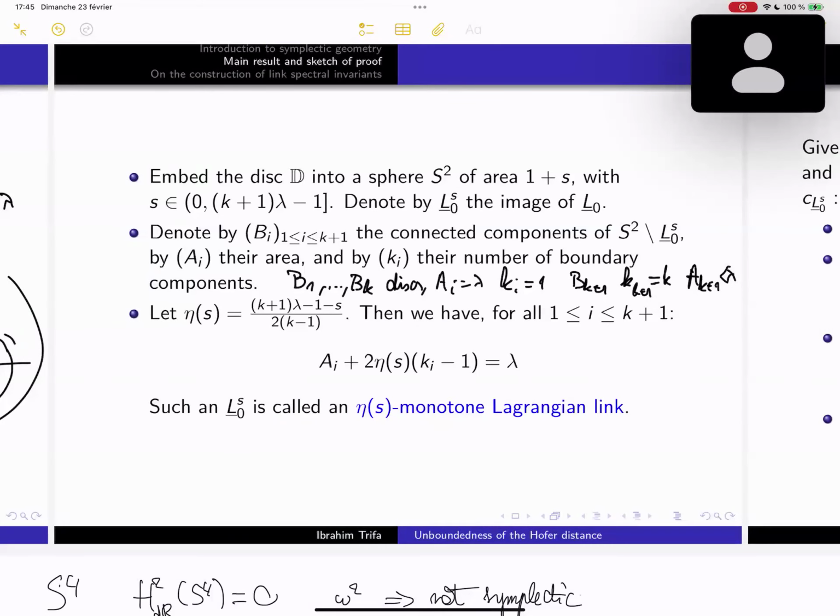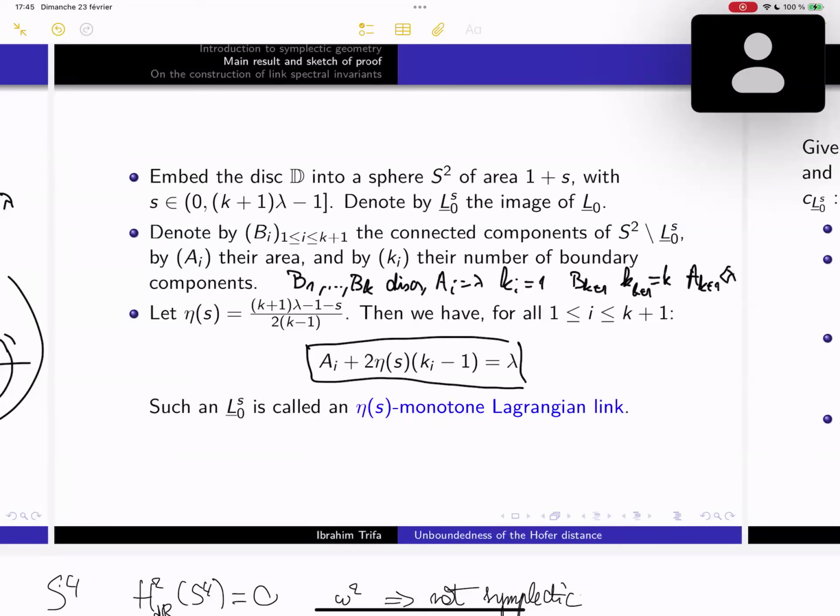Okay, so then we will define some number eta of s with this formula, so that for all i, the following equation holds. Since almost all connected components are disks, this K_i here will be 1, so this will vanish, and you only get that the area of the disk is equal to lambda, so this is trivial.